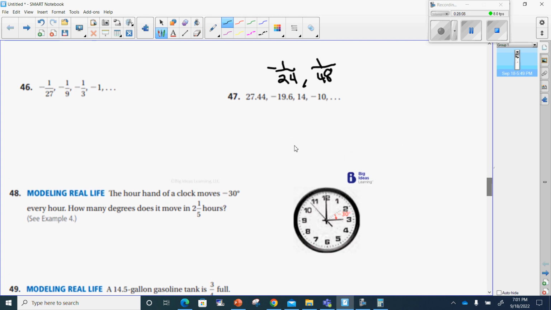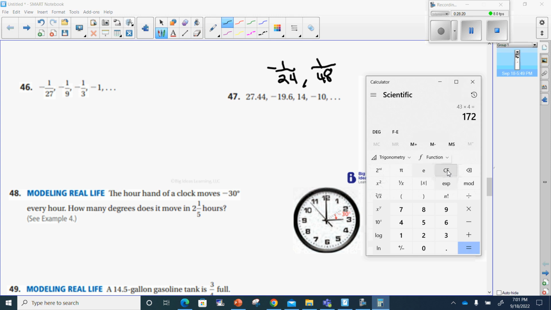Let's try that same thing with number 47. This is going to be 27.44, and that's 19.6. So I'm going to go ahead and use my calculator this time, save me a little time. 19.6 divided by 27.44.